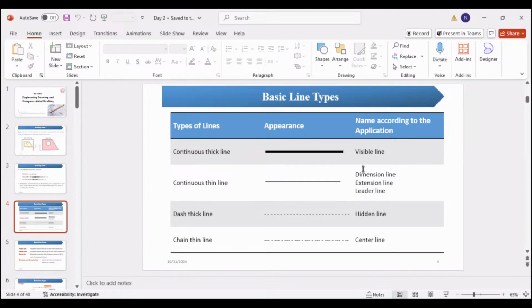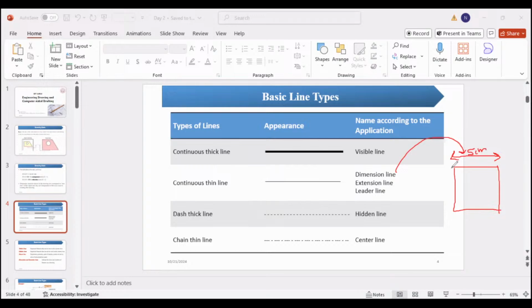So the dimension line is, let's say this is the object, okay? The dimension line is the line that shows the length. This line is what we call the dimension line. Let's say we write 5 cm here.